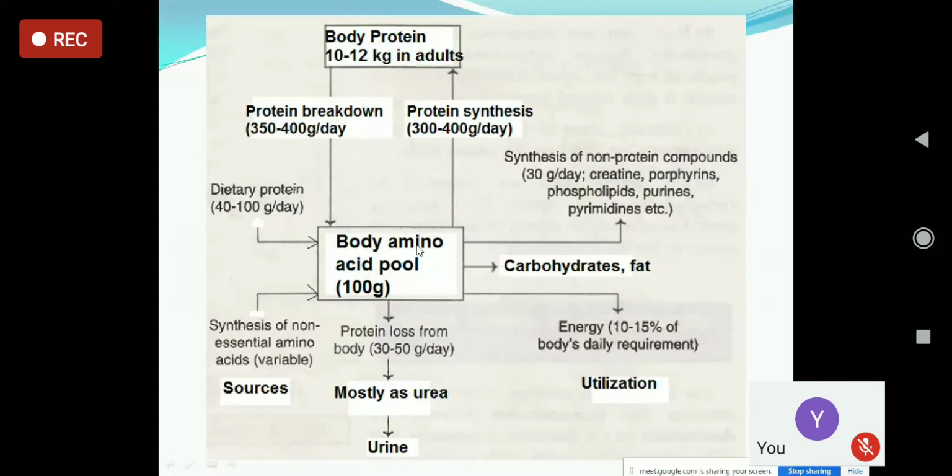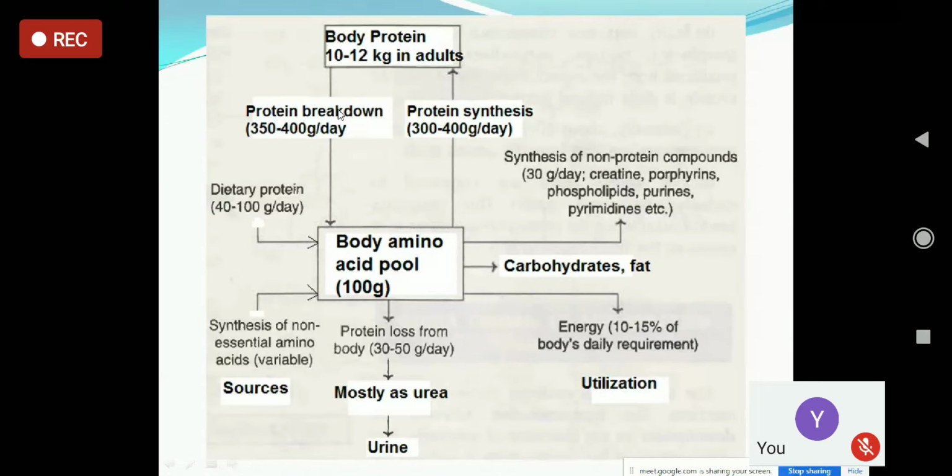An adult has about 100 gram of free amino acids. This represents the body amino acid pool. The body amino acid pool is maintained by the sources that contribute to it and the metabolic pathways that utilize the amino acids.